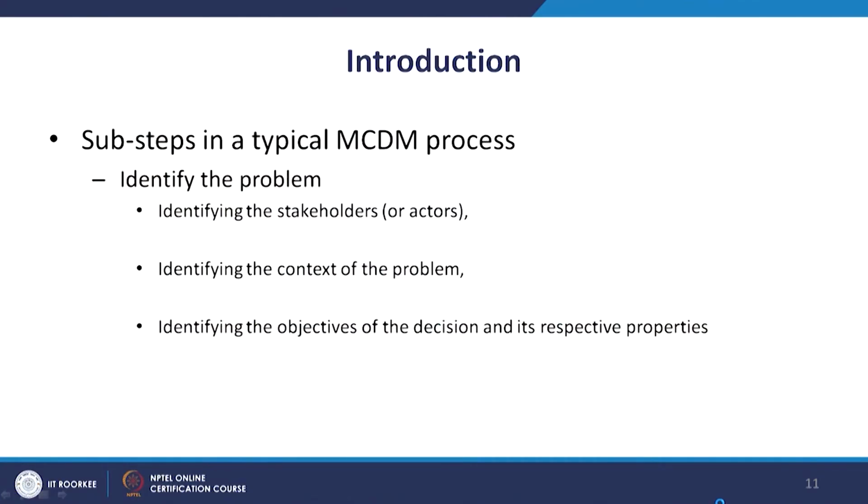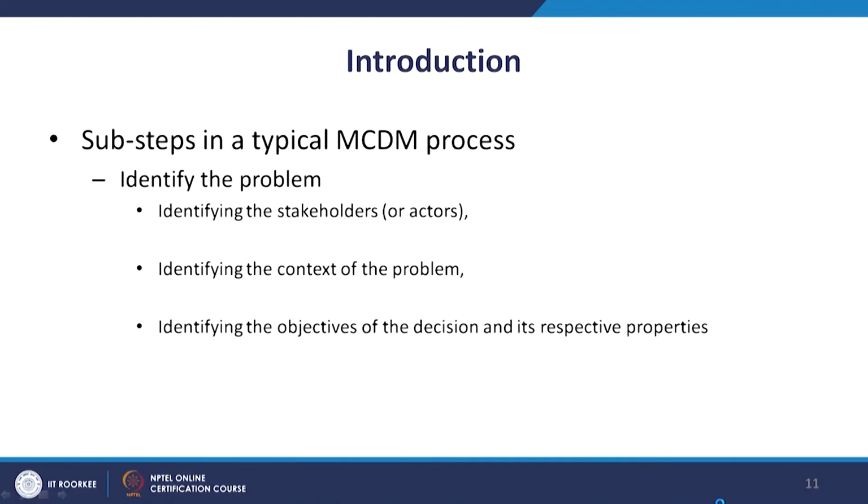So the first step is to identify the problem. There could be a number of sub steps, for example identifying the stakeholders or actors who are going to participate in this decision making process. Then identifying the context of the problem: whether it is a decision problem related to personal or professional life, whether it affects the company, whether it is about the suppliers, whether it is for internal or external functioning. The overall context of the domain is of course going to influence the whole decision making process, so identifying the context of the problem is very important.